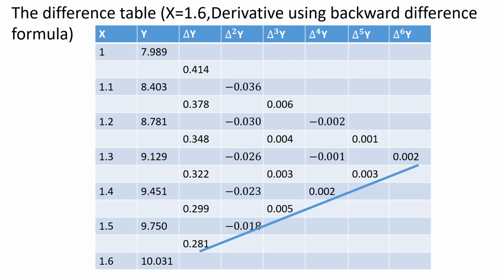Here also you can see the difference table, for x equal to 1.6. That is the formula derived using the backward difference formula. Because 1.6 is at the end, draw the line accordingly here. That is the value of delta y, then delta² y, delta³ y, delta⁴ y, and so on.